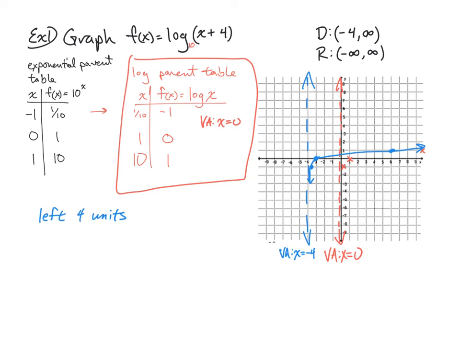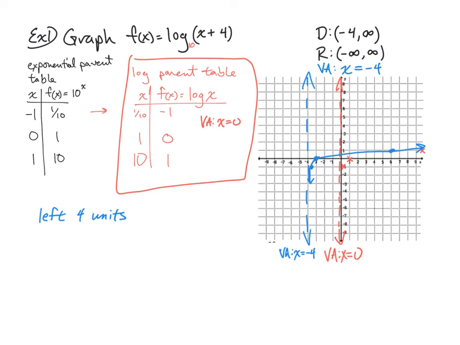And then we can also talk about the vertical asymptote. So the VA, I know it's listed down there, I just want to have it all in the same place. So x equals -4. All right, one last thing to point out here before we go on to the next example.